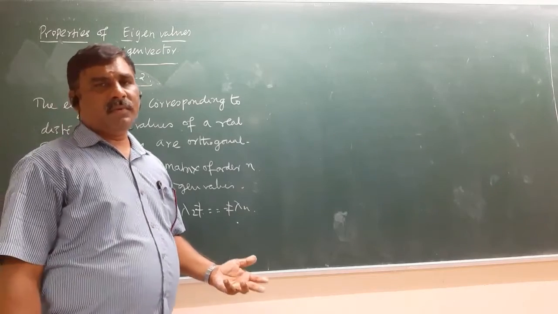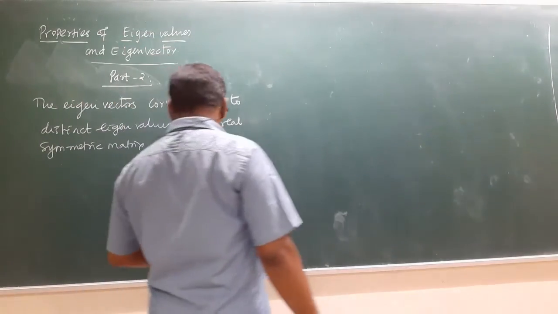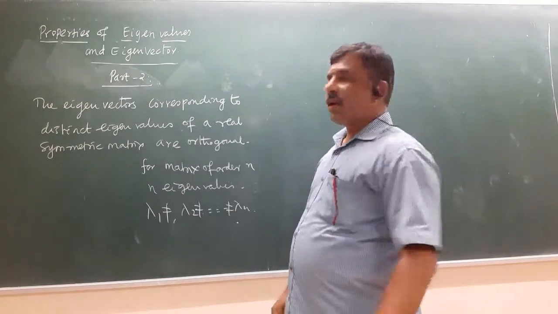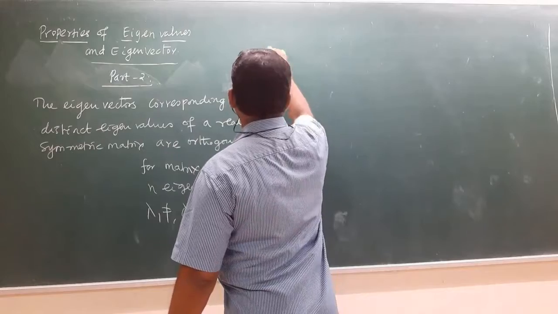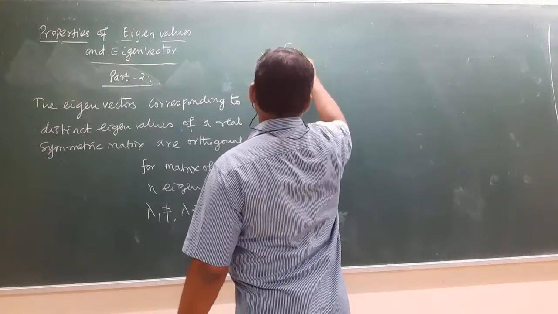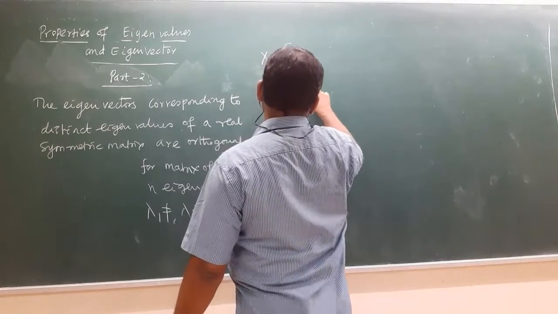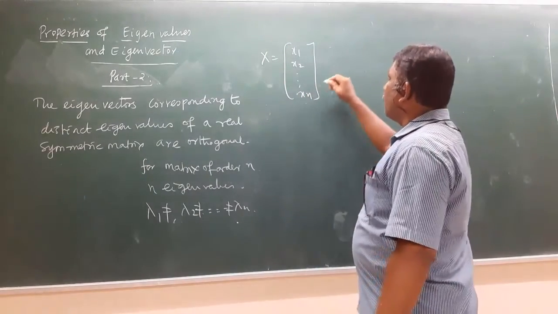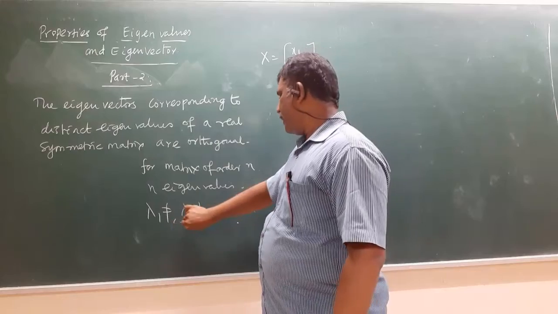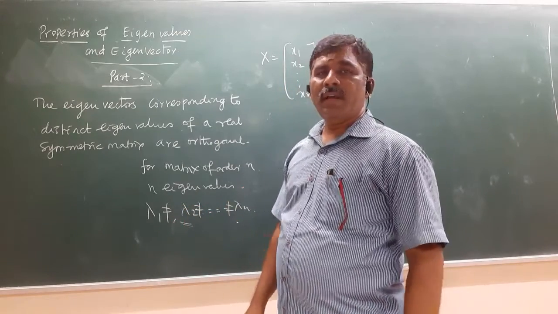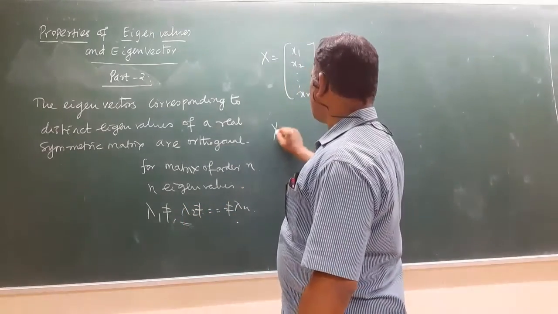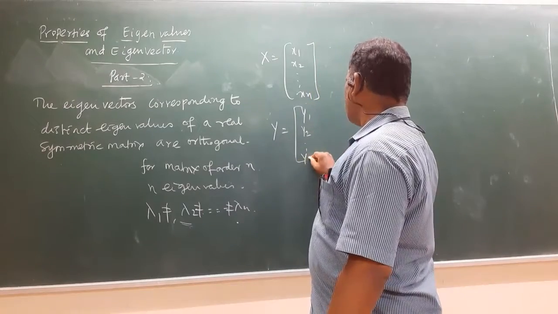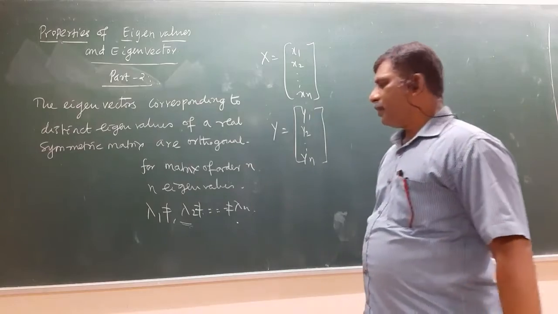That means how to prove it is orthogonal. What is the meaning of orthogonal? For lambda 1 you find one eigenvector, I can take this as x = (x1, x2, ..., xn). Next I substitute one more eigenvalue and I will get one more eigenvector y = (y1, y2, ..., yn).